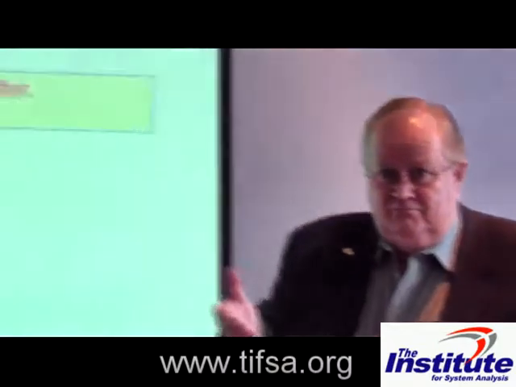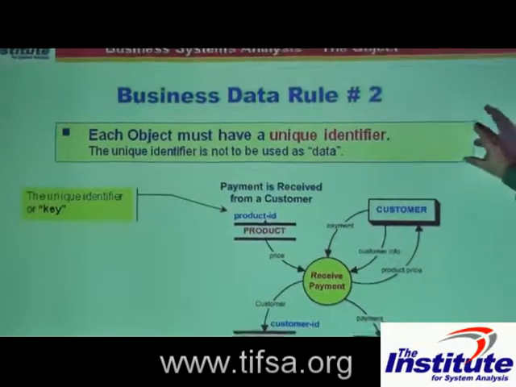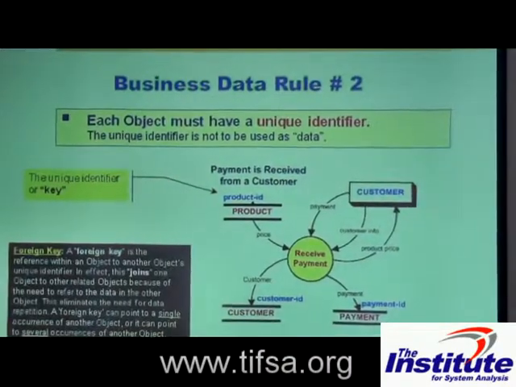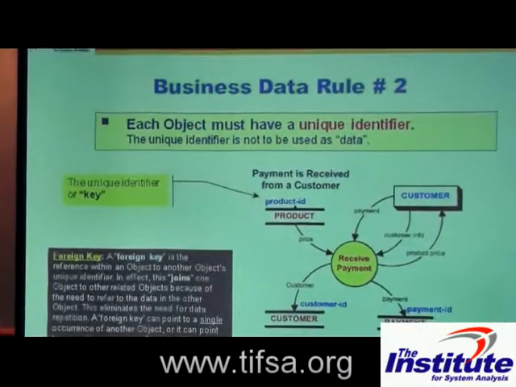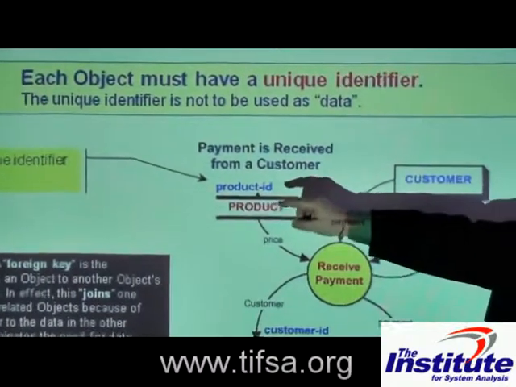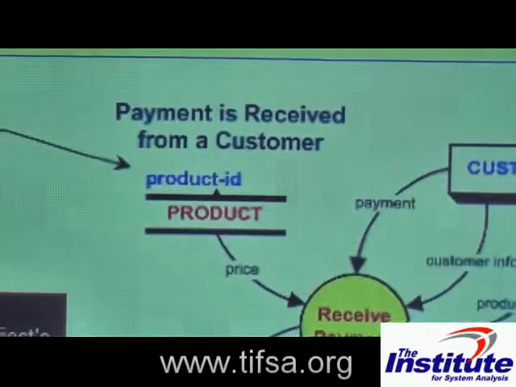Rule number 2 is even easier because you really don't have to do very much, and that is every object that you identify has to have a unique identifier. And that unique identifier is not data. All it is, is a unique identifier. So for a product, for example, you make a unique identifier which uses the name of the object and just add ID, product ID.